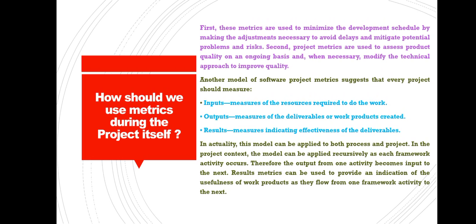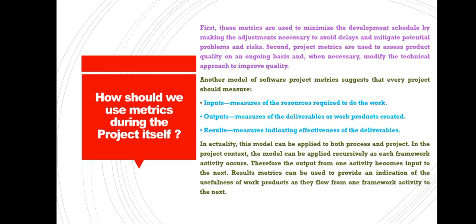We need to first minimize the development schedule. It will be reduced only when we make certain necessary adjustments to reduce the delays and also any other problems and risk related to those metrics.